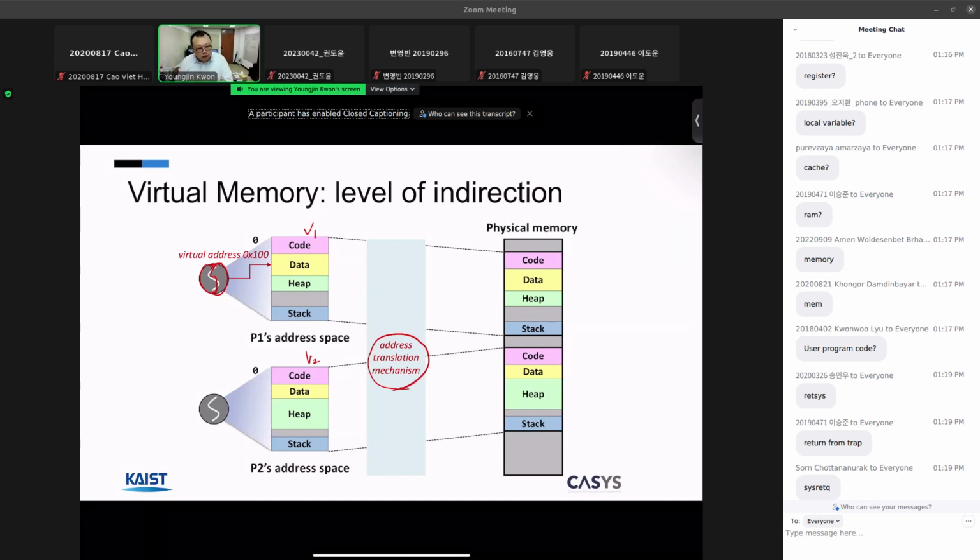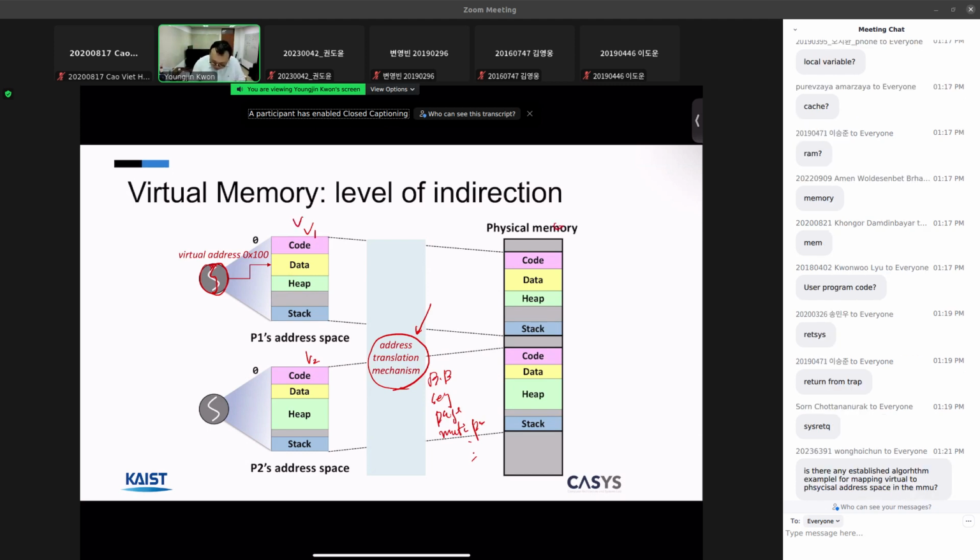In the next lecture, we will look deeply at what mechanisms were invented for this translation: base and bound, segmentation, paging, multi-level paging, etc. We will discuss each different translation mechanism. So there are several indirection mechanisms, and they will be discussed later.